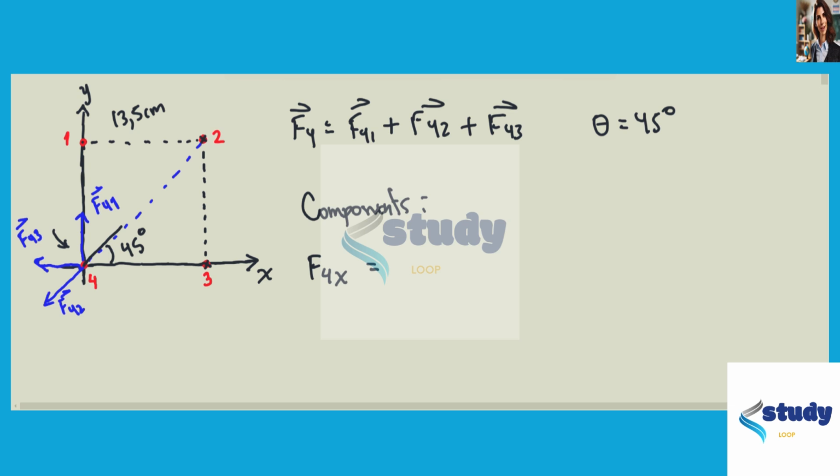So we have minus F for 3 because it only has a component there. And we also have minus F for 2. We can see that this angle in here corresponds to this angle in here. So it is also minus, but to obtain the x component, we need to multiply this by cosine of theta.